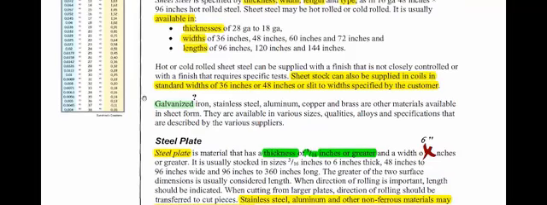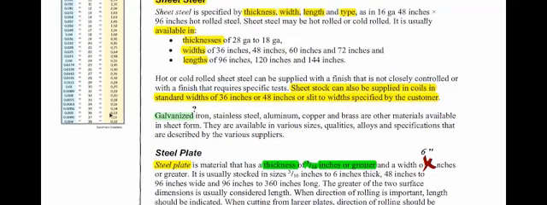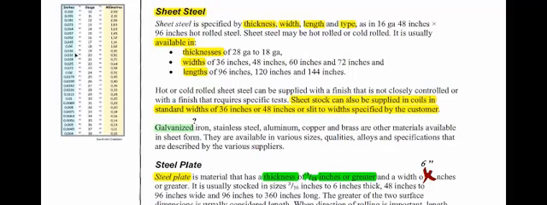And to identify the thickness of sheet steel, you have to go by the gauge table, which I have in the left column here. And you can actually see that sheet steel 38 gauge is 4 thousandths of an inch, while 10 is 100 thou of an inch. So the higher the number in sheet steel, the thinner it is.